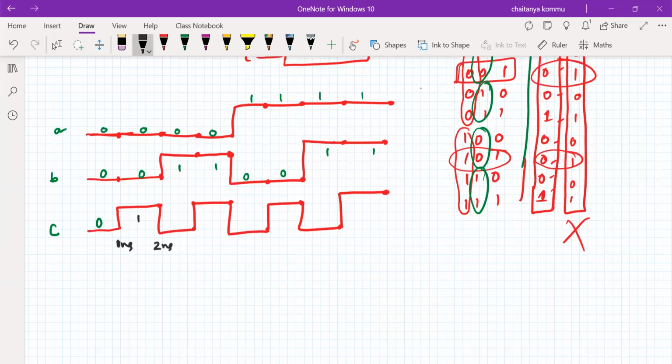At 3 nanoseconds, 0, 0, 0. At 4 nanoseconds, I'm giving 0, 1, 1. Between 4 nanoseconds and 5 nanoseconds, I'm giving 1, 0, 0. Something like this at 6 nanoseconds and 7 nanoseconds, right?